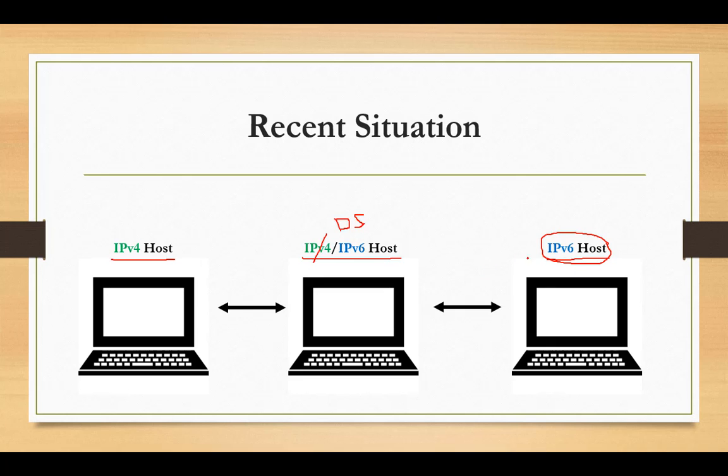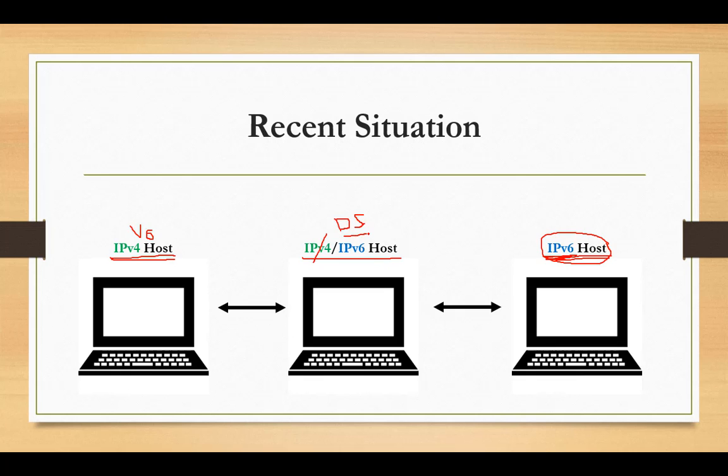You can use dual stack if you already have an IPv4 address and ask for v6. But if you are a new customer or a new client to the internet, you will be assigned IPv6 only. There are no more IPv4 addresses, so you cannot use dual stack after the depletion of the IPv4 address space.